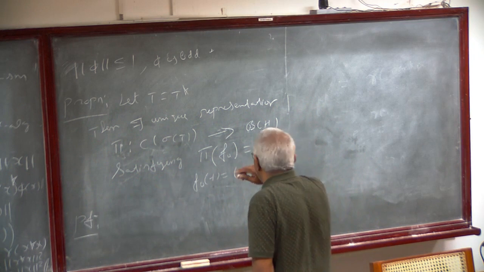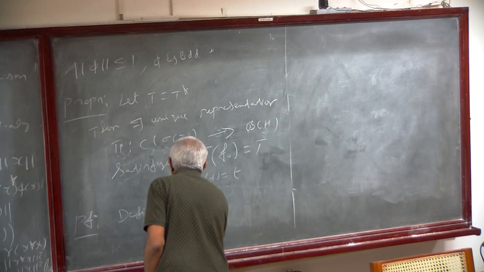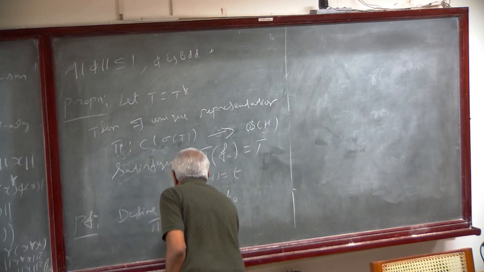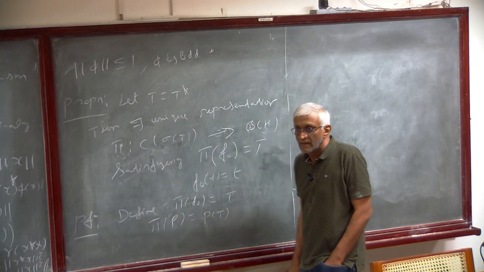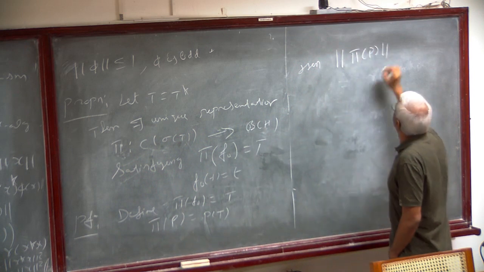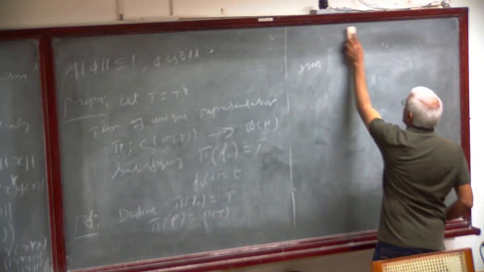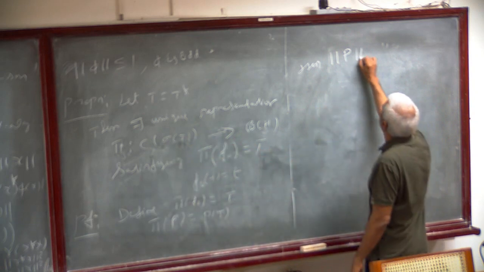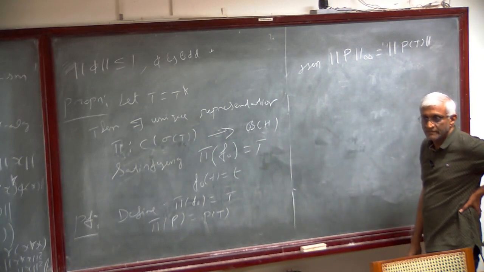So we define pi of f naught equal to f naught, and pi of any polynomial p is equal to p of T. Then the norm of pi of p, which is just the infinity norm of the polynomial p, where p is a polynomial on sigma T, is equal to the norm of p of T. We have proved this.